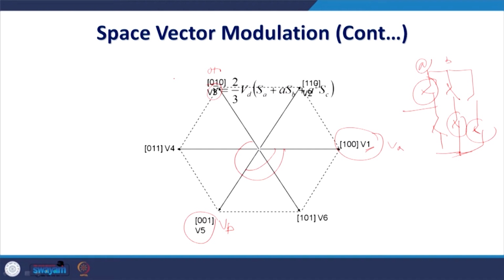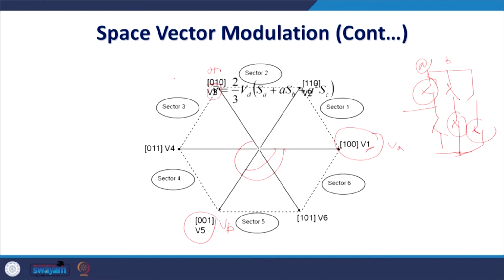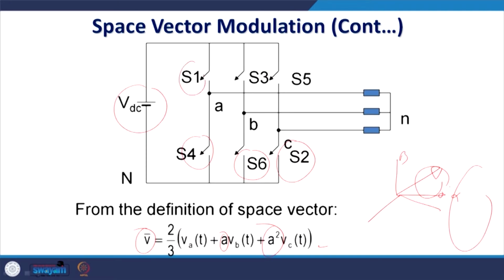From there you start this convention. Generally we have chosen this convention like this, and of course, you can rewrite the convention in some other form also. Now, we will split into sectors. If it is VA, the opposite is minus VA. You can see that for switch 1, if you go back to this circuit and the other lower switches are closed, definitely what we will get is VAN.